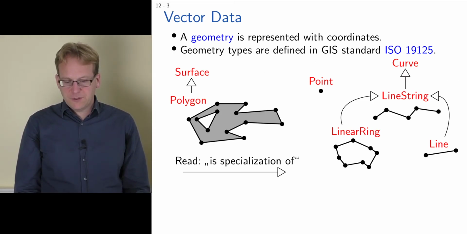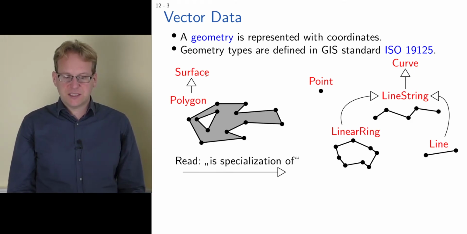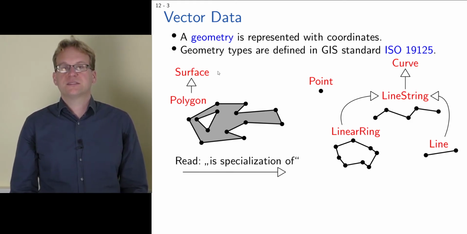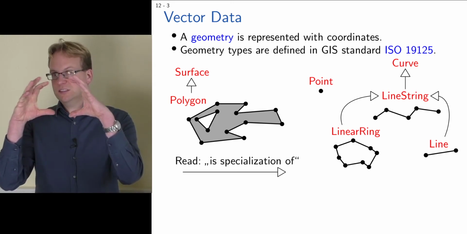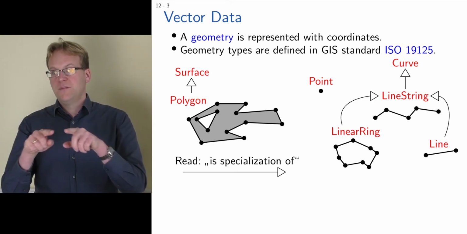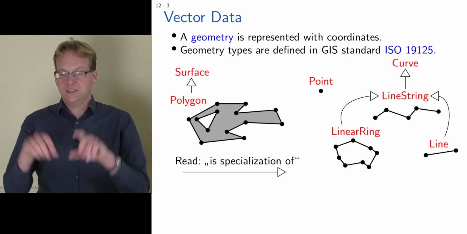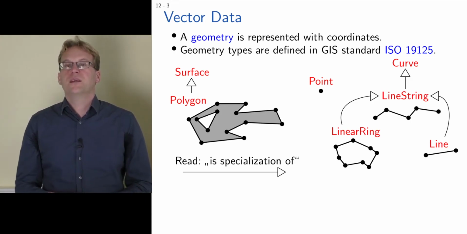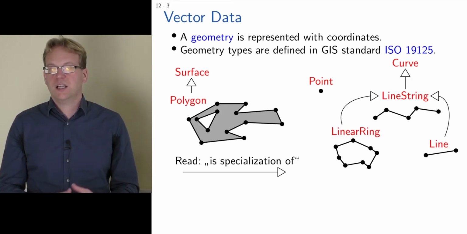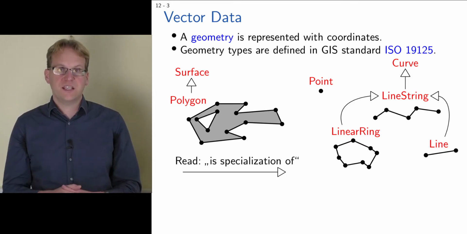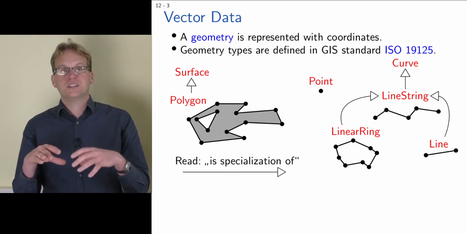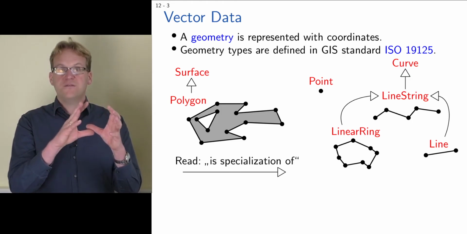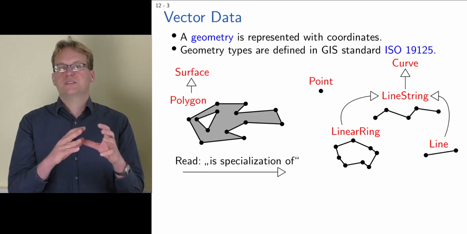Well, and similarly for polygons, there is this abstract, more general class surface. And there you may think of maybe you need a class to represent disks. So a disk is a filled surface, a filled circle. And you may also introduce a class disk, which is not part of the standard, but you can say that this disk is some specialization of this class surface, which is part of the standard.